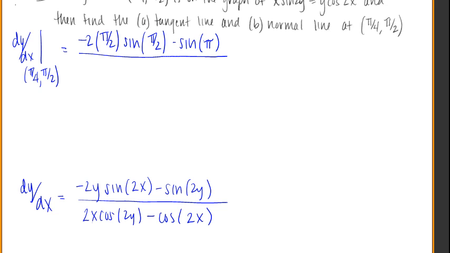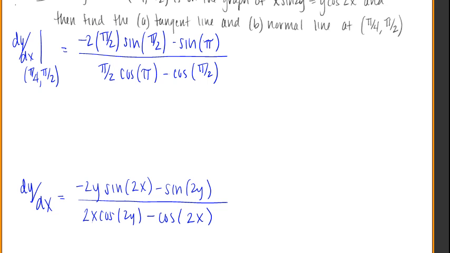All divided by 2 times x, which is pi over 2, times the cosine of 2 times y, which is pi, minus the cosine of 2 times x, which is pi over 2.